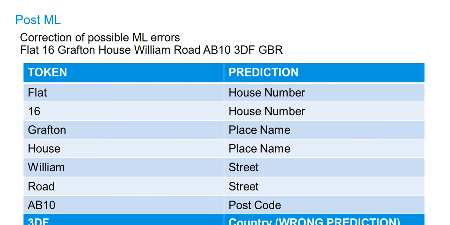Let's move. So this slide talks about the post ML step, the last in the machine learning pipeline. The task of this stage in the entire pipeline was to bring in certain domain knowledge and manual rules to correct the predictions made by the machine learning model.